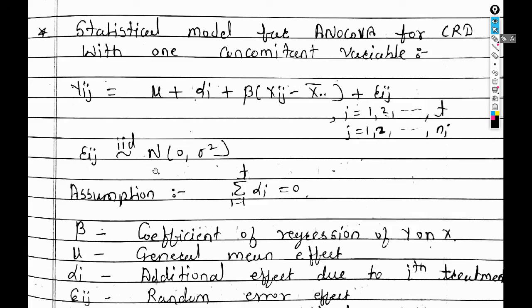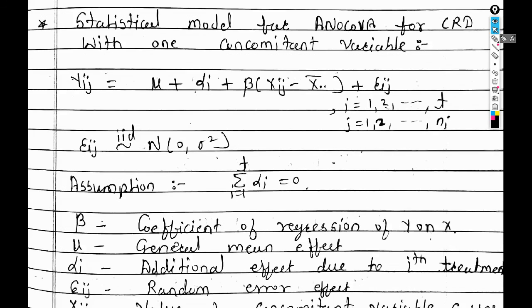In CRD we assume that summation alpha i equals 0. Similarly here also we consider the same assumptions: summation i from 1 to t alpha i equals 0, and epsilon ij follows IID normal with mean 0 and variance sigma square.